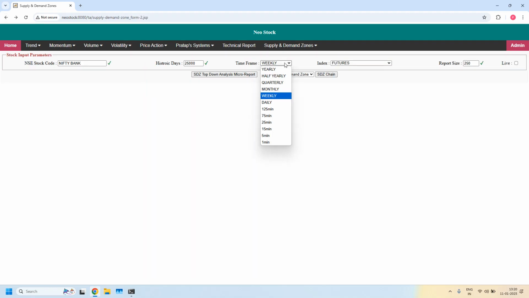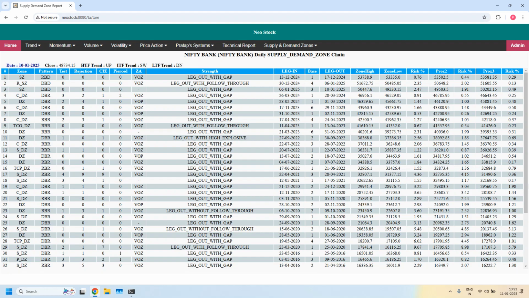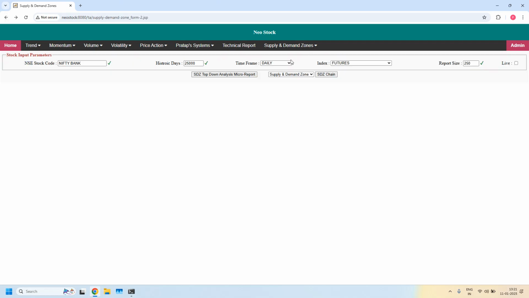Next, daily supply demand zone chain for Bank Nifty. Next, 125 minutes supply demand zone chain for Bank Nifty.